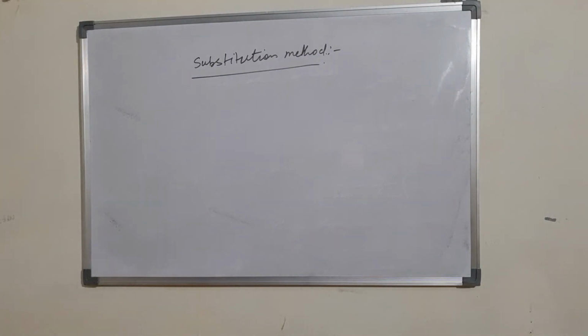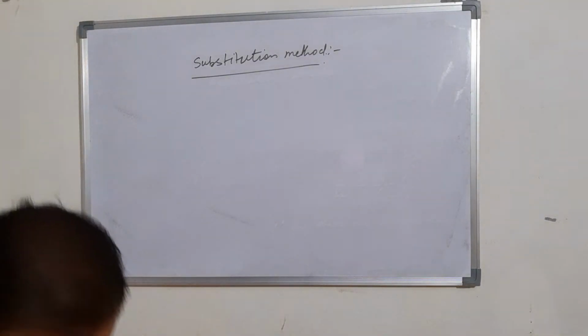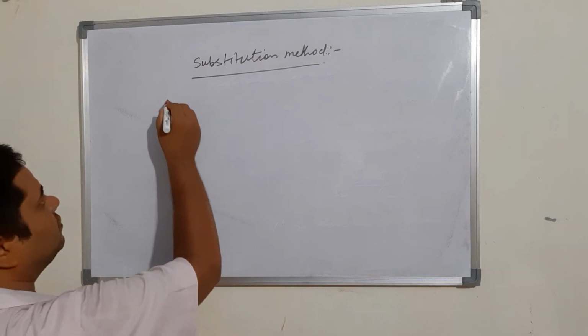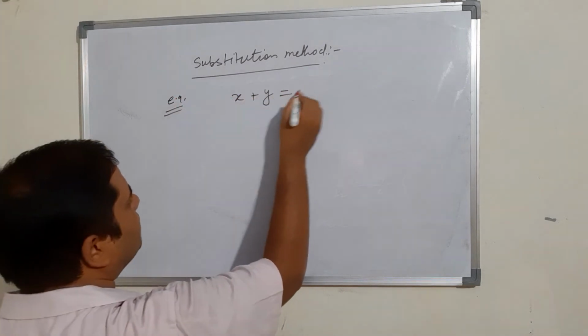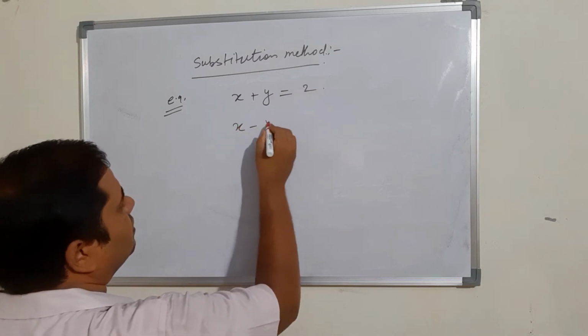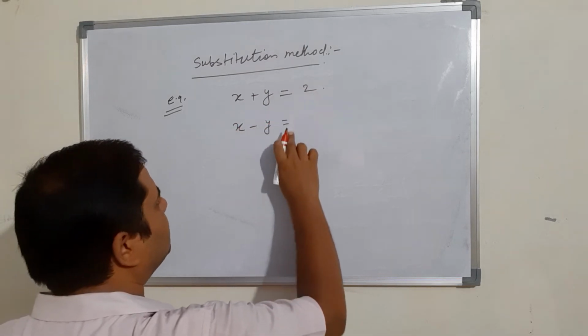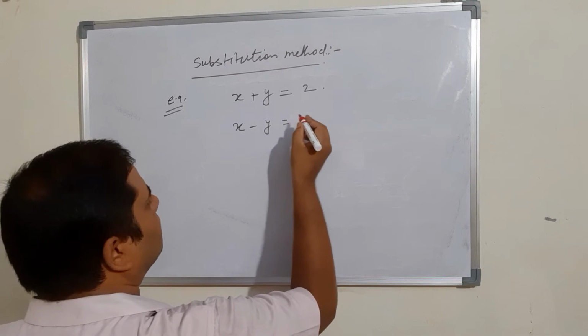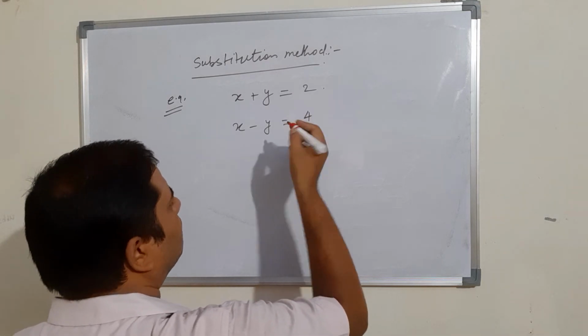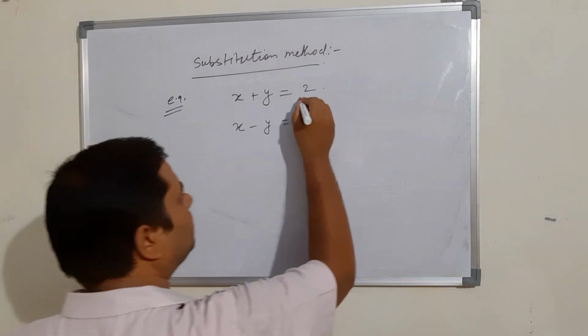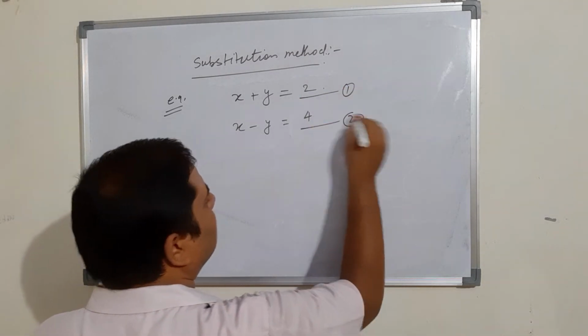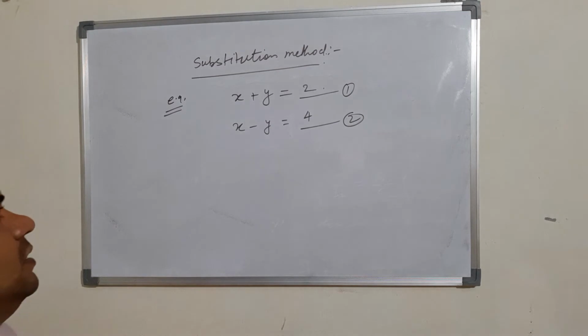So we have to understand it by example. Suppose we have given x plus y is equal to 2 and x minus y is equal to, suppose, 4. Then what is the solution of this particular pair of linear equation by substitution method?